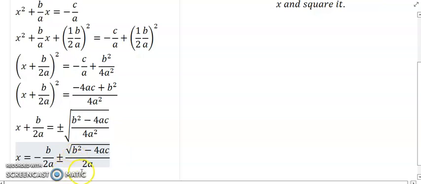Why divided by 2a, guys? Because here we have removed the square root, since the square root of 4 is 2 and the square root of a squared will give us a.